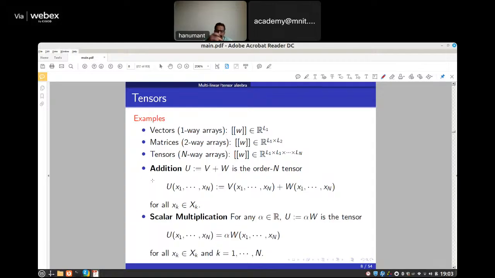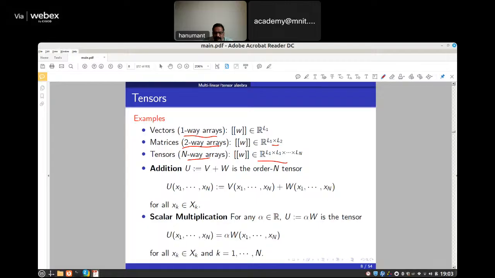So tensors are a generalization of this n-dimensional arrangement of numbers. A one-way array is basically a vector, a two-way array is basically a matrix, and an n-way array is anything beyond. Vectors and matrices are tensors too, but anything above two, people normally call tensors.